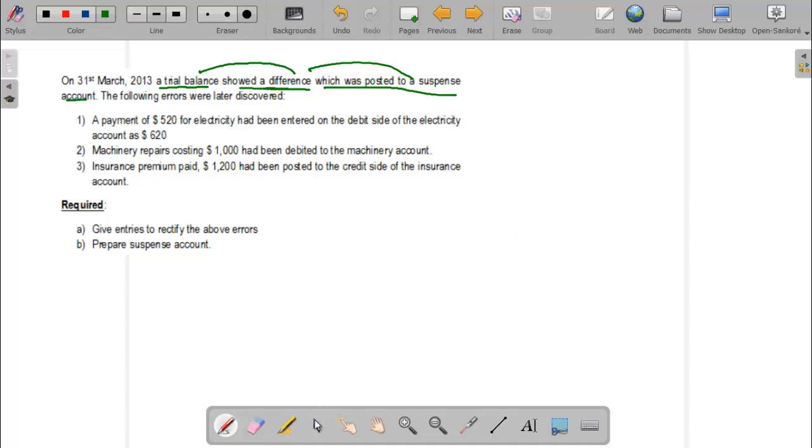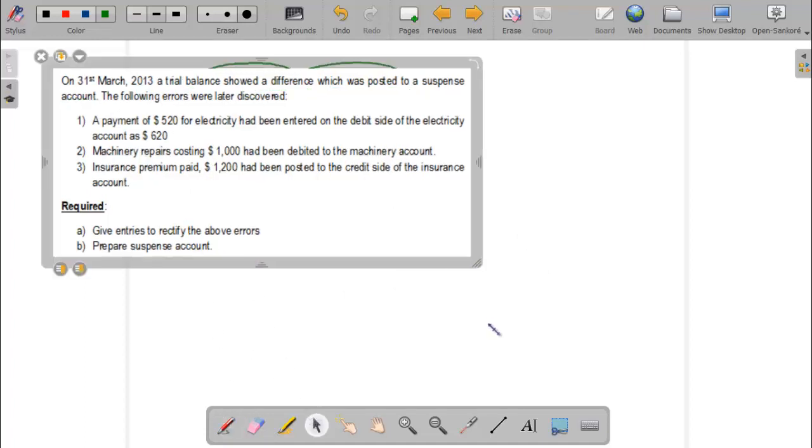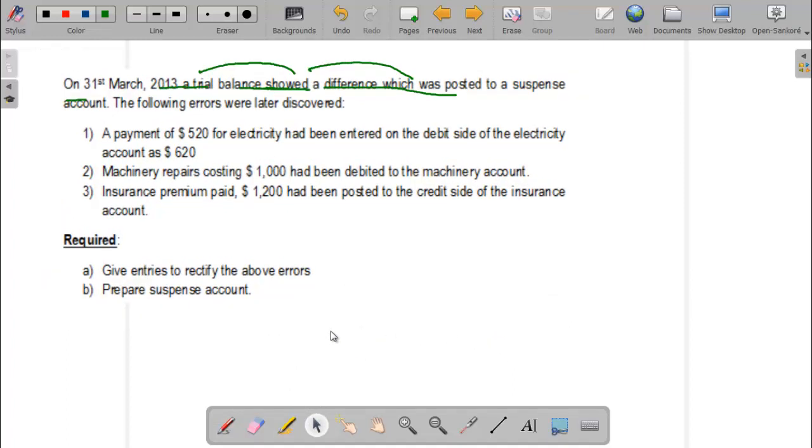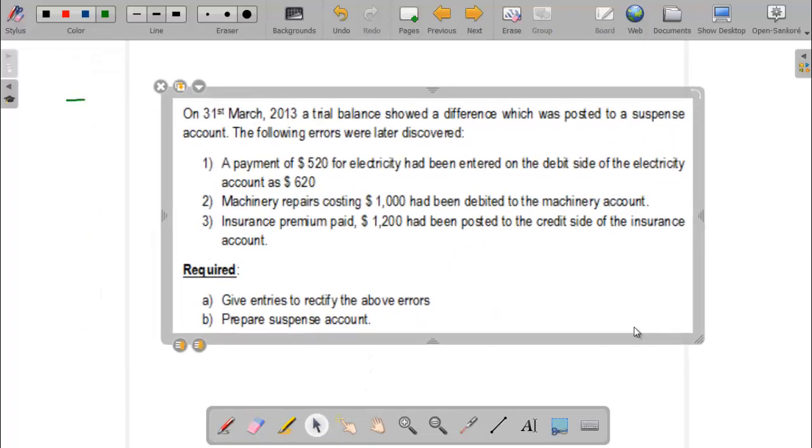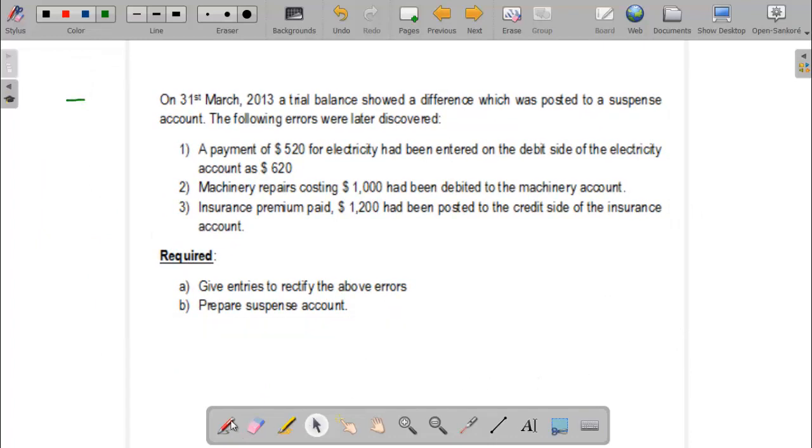A payment of 520 for electricity had been entered on the debit side of the electricity account as $620. Machinery repairs costing $1,000 had been debited to the machinery account.